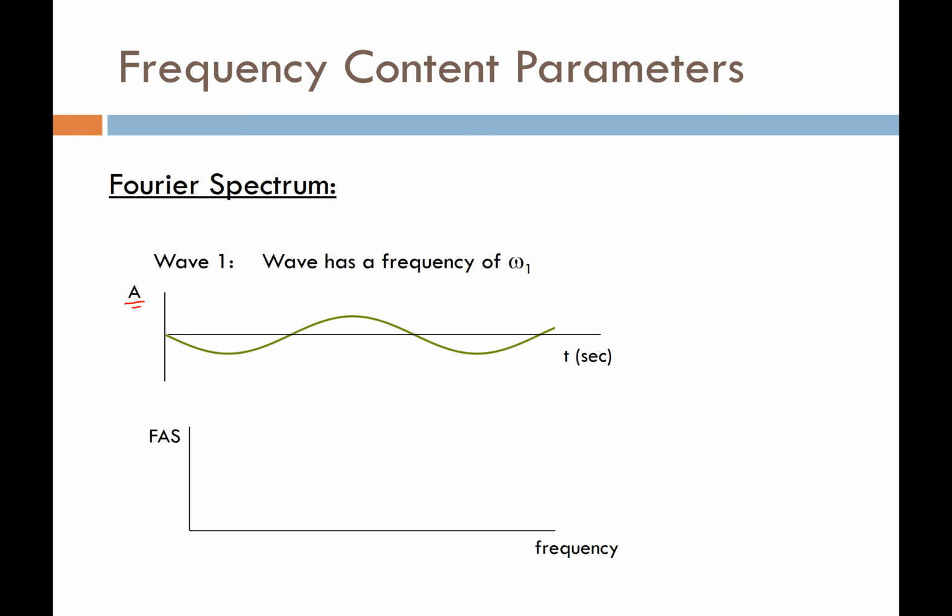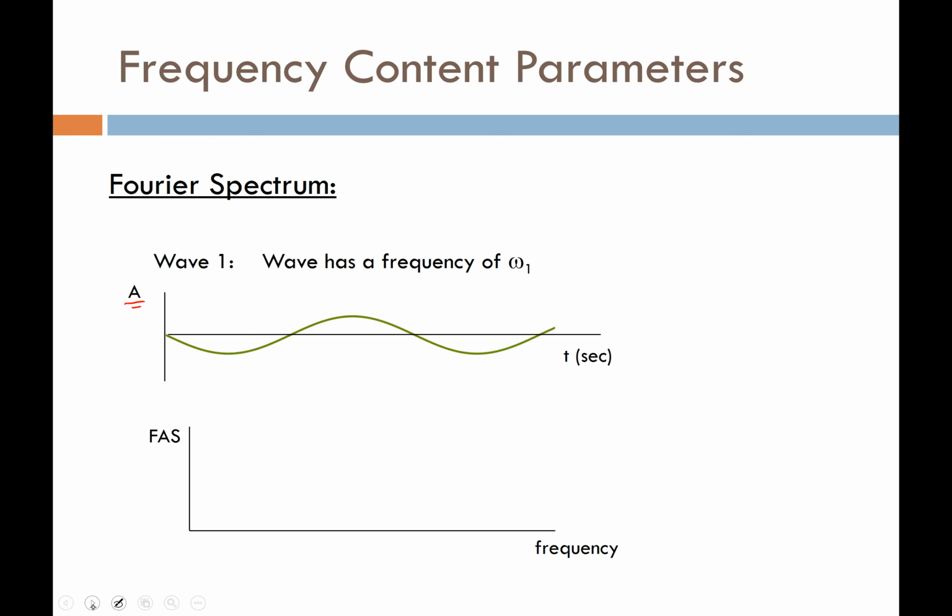So if I were to try to break this down into all of the fundamental waves that comprise this one wave, we could just take a simple sine wave and represent this whole wave with one sine wave.